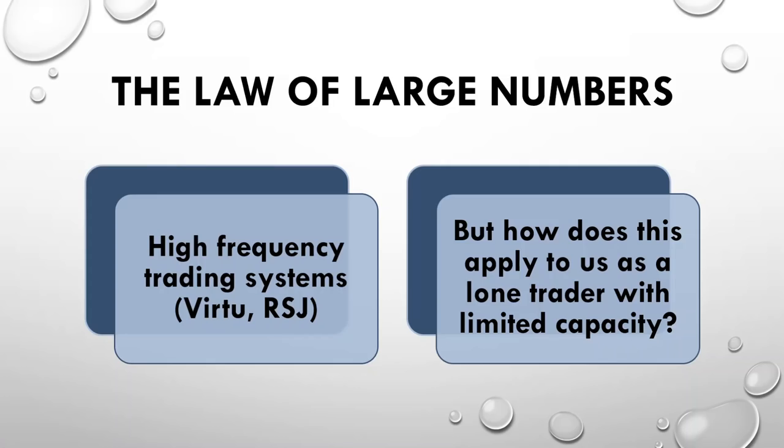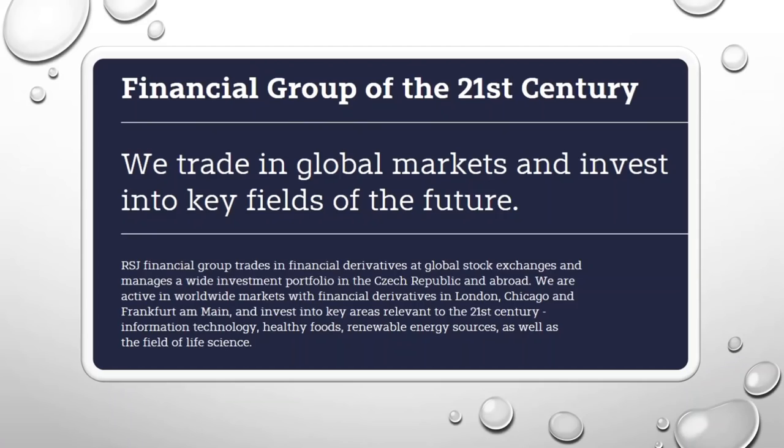So the law of large numbers is basically saying that the more you do of something, the more the results are going to head towards the direction of what that probabilistic expected mean is. And that's why high frequency trading systems, hedge funds like Virtu or RSJ, do tremendously well. RSJ is an example.